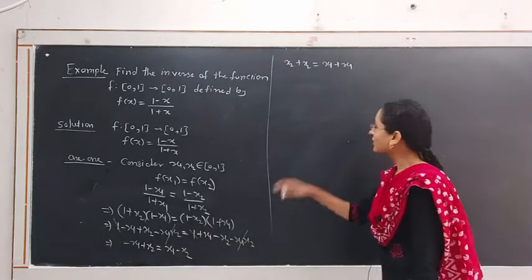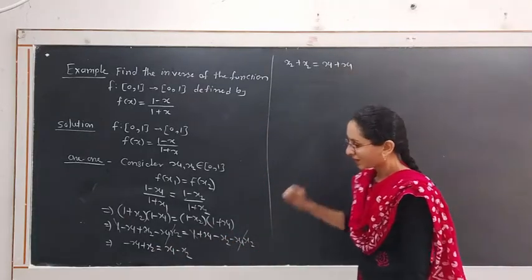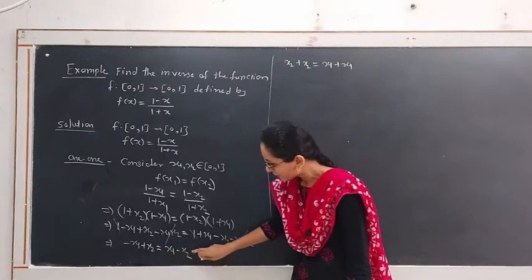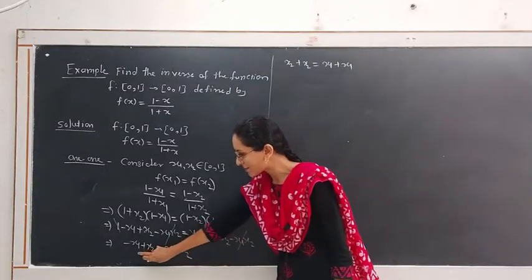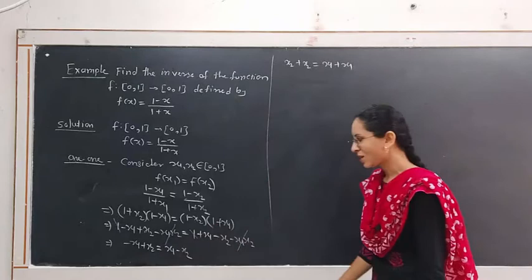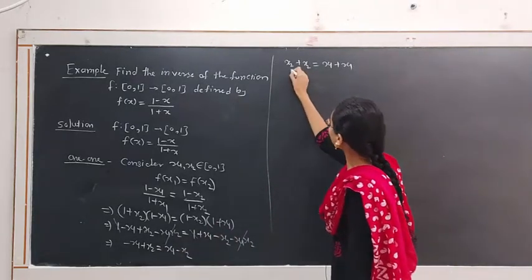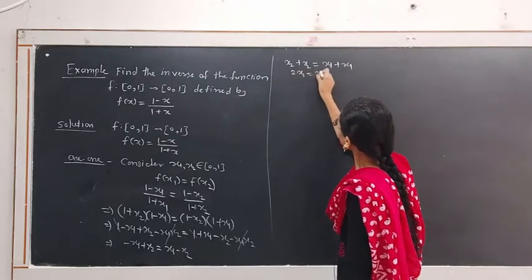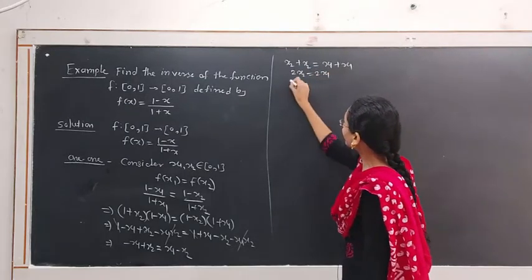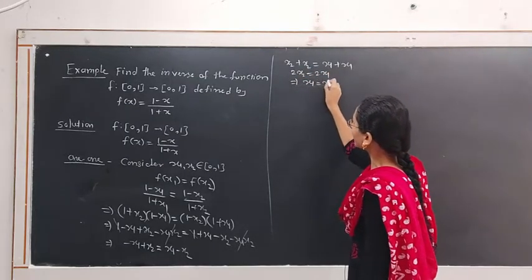Hence the right side of the equation is x1 plus x1. If we shift this negative x2 towards the left side, it will be plus x2 and this plus x2 is the same. Hence 2x2 is equal to 2x1. This implies x1 equal to x2.